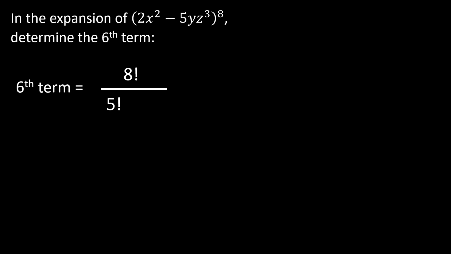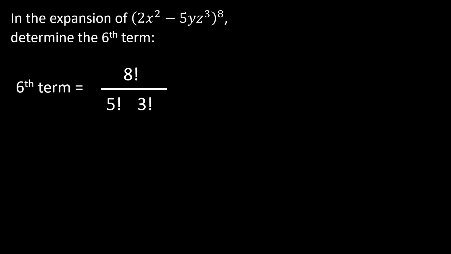Basically, that is simply 8 minus 5, so that we can obtain 3. And now, the number that we need in the form of factorial notation is 3 factorial. So I read it again: the sixth term is equal to 8 factorial all over 5 factorial times 3 factorial.